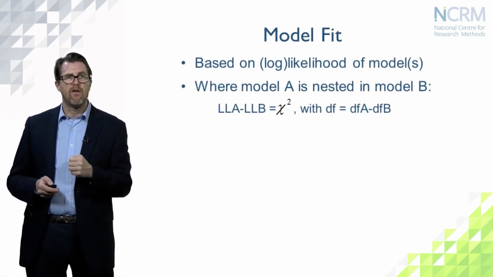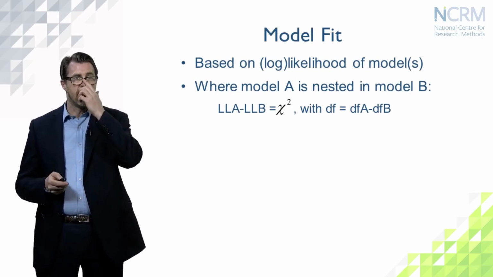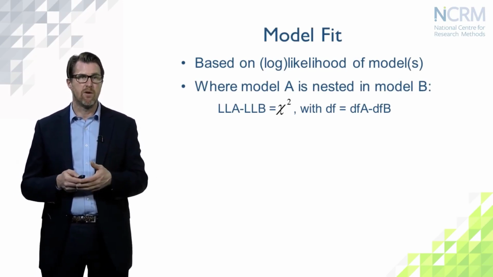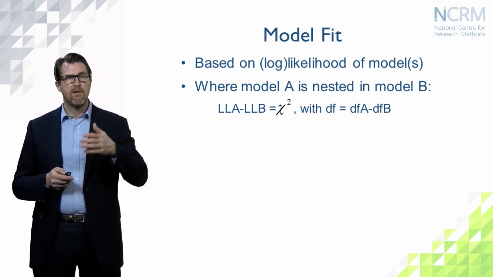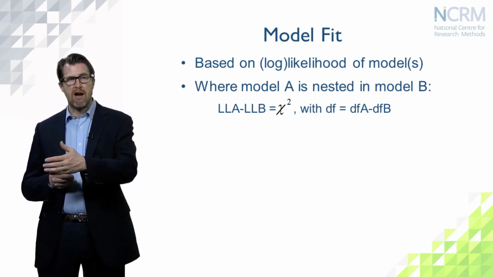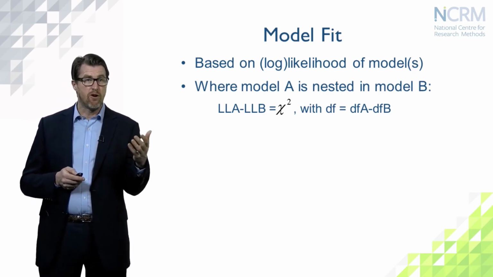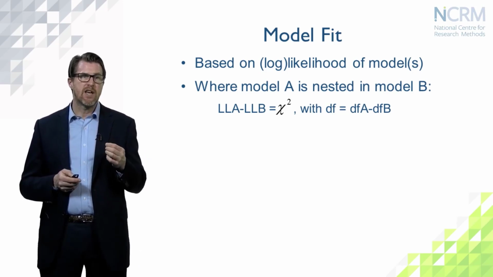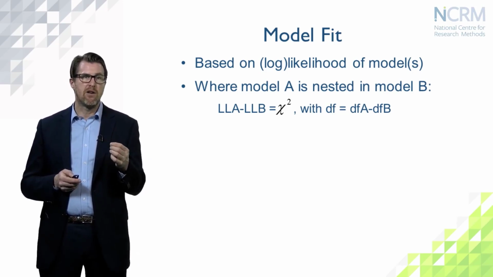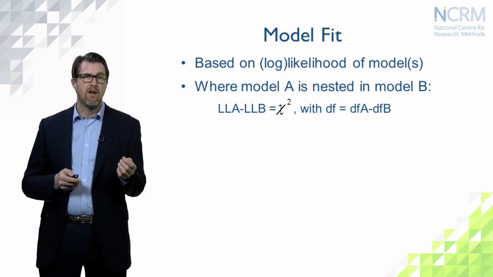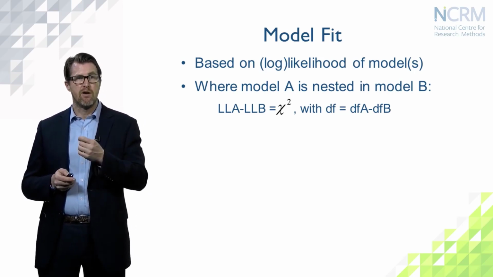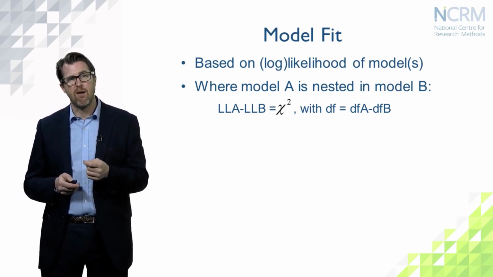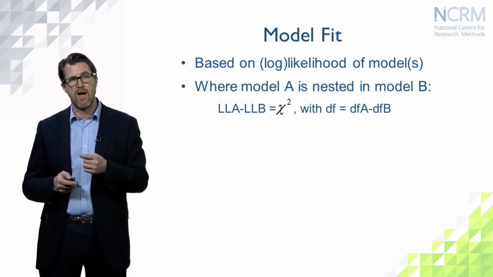So I've said something about model fit already and the fact that it's based on the log of the likelihood of the model that we've estimated, and that we can do this comparison of model fit when the two models are nested. This is because if we take the log of the likelihood for model A from the likelihood for model B, then that number is itself distributed as chi-square.